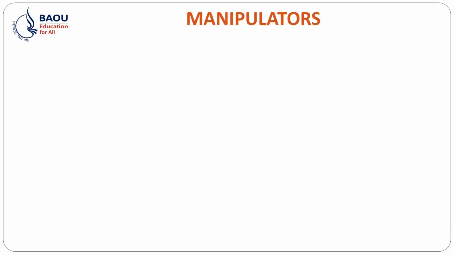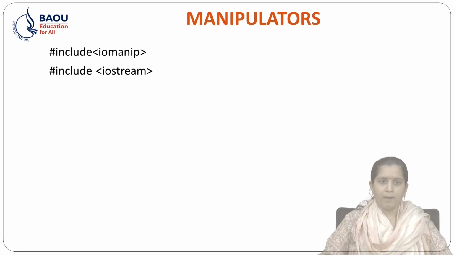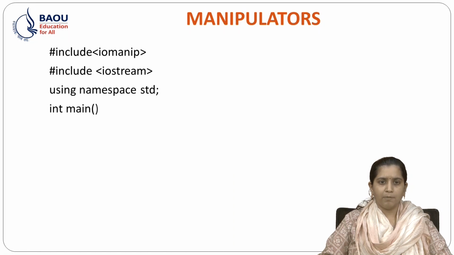Now let us see one example of manipulators with and without arguments. First I have to include iomanip. It is the header for manipulators. Hash include iostream, using namespace std, int main.